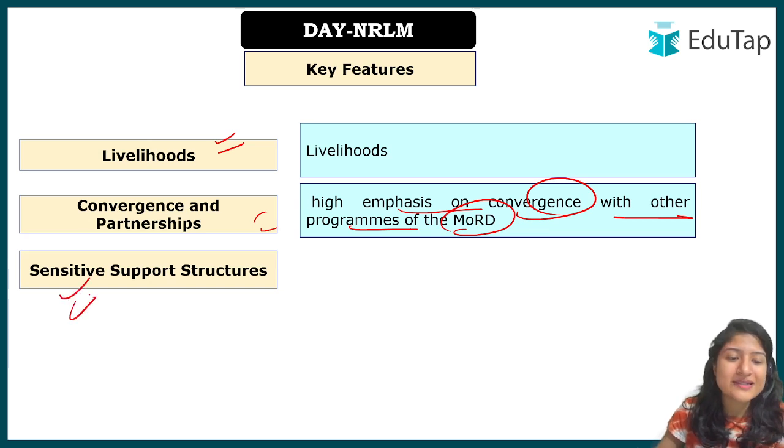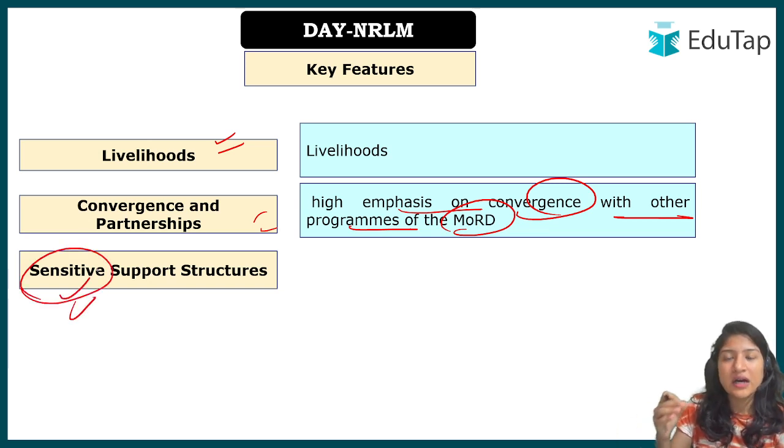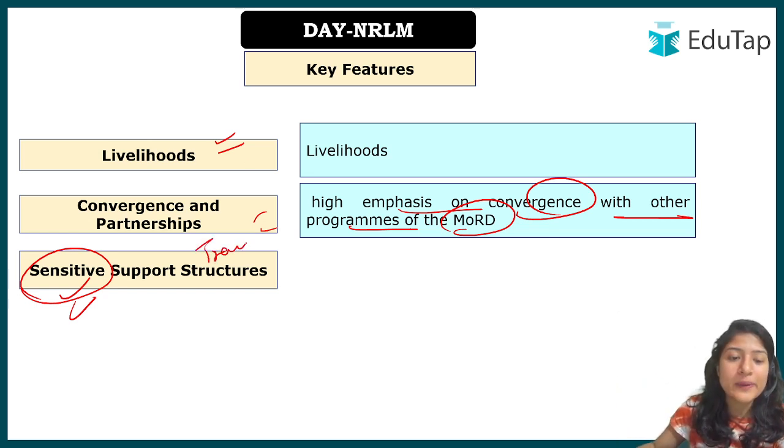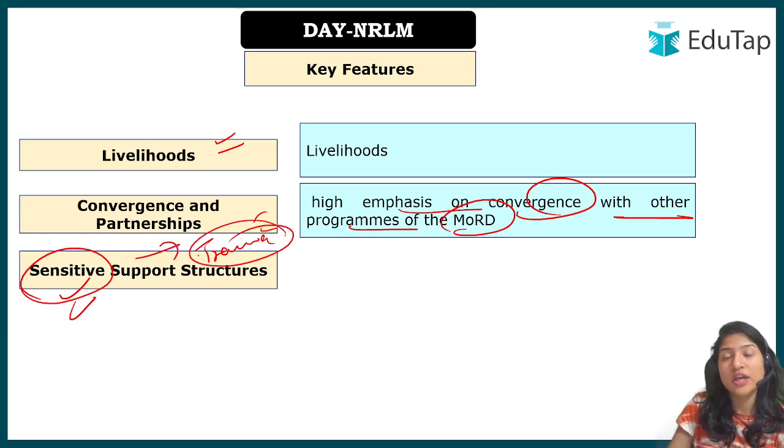Sensitive support structures, what does it mean? Basically there will be some trainers who will train the trainees, right? So there will be some trainers to build empathy inside them, because we are talking about the lowest strata of rural India, to teach them, right? There might be some difficulty in training them.